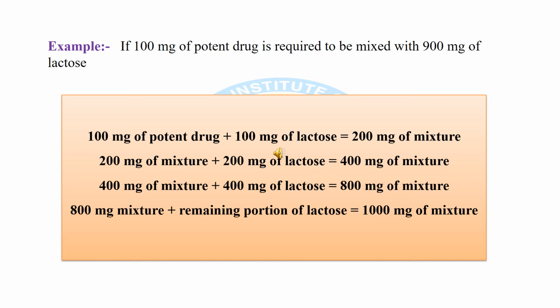So the total amount of mixture becomes 200 mg. Then to the 200 mg mixture, we add a further 200 mg of lactose, triturate and mix well. The mixture becomes 400 mg.